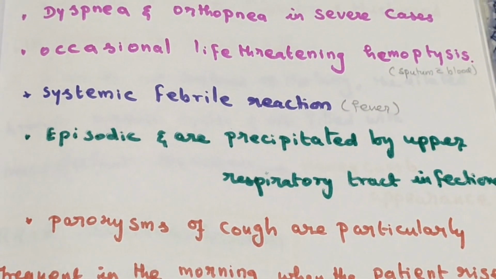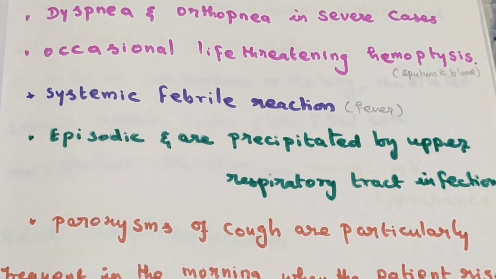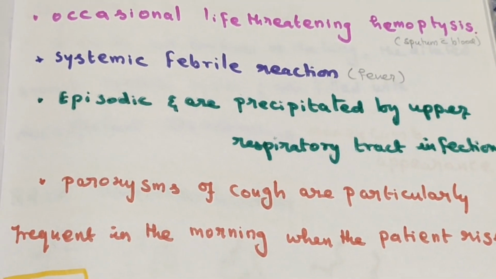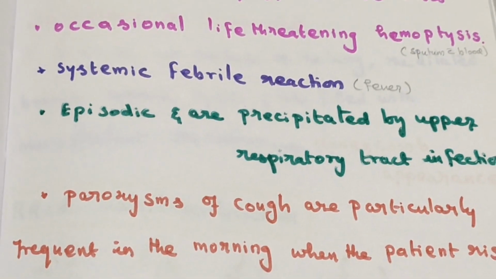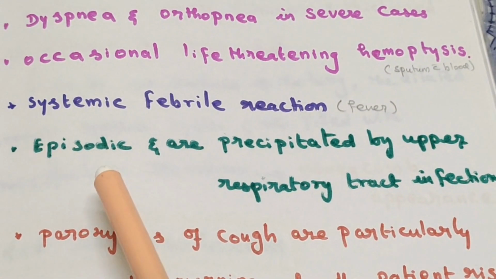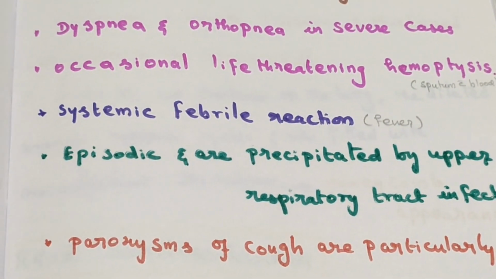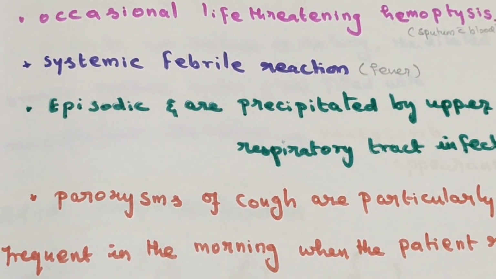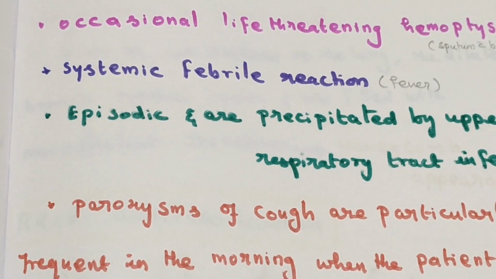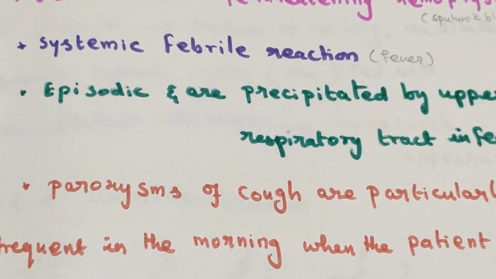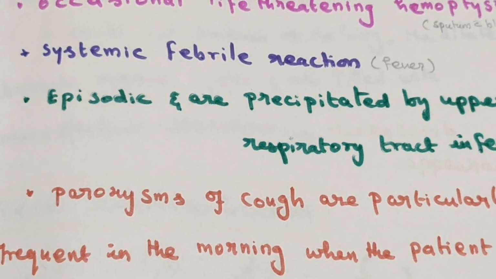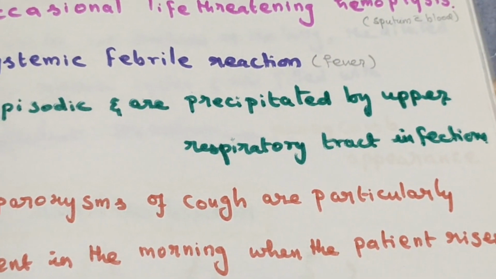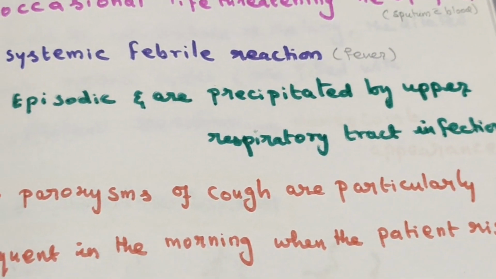Because of long-standing persistent infection, these patients almost always have fever, so there is a systemic febrile reaction. What is important to note is that manifestations are often episodic and are precipitated by upper respiratory tract infection.